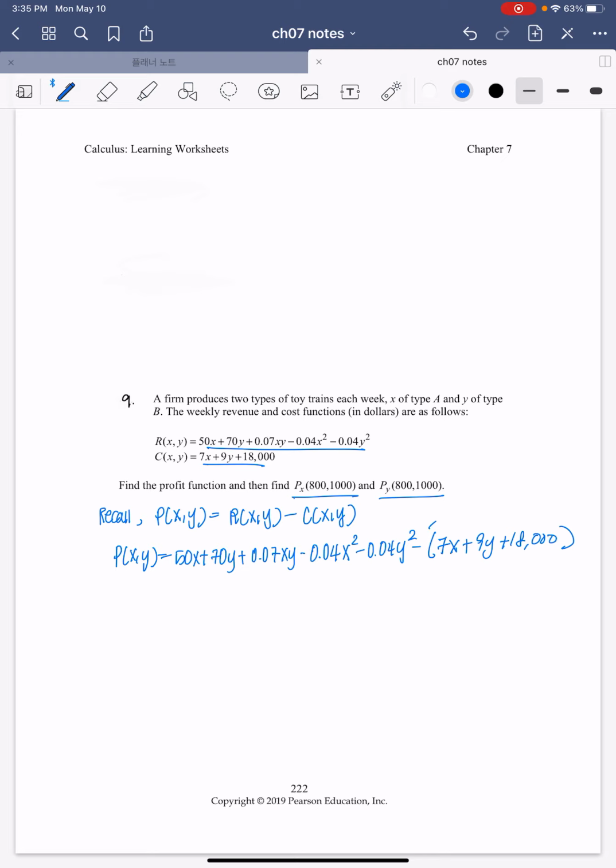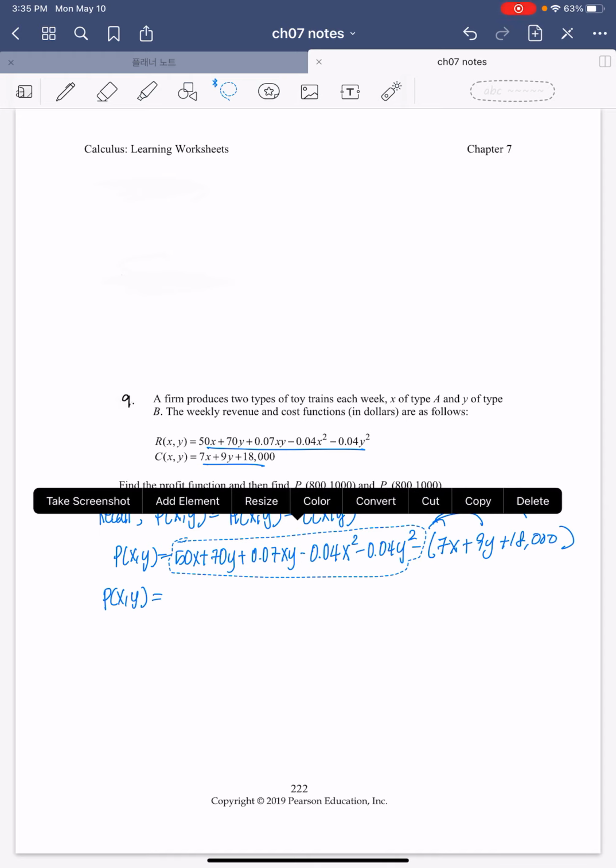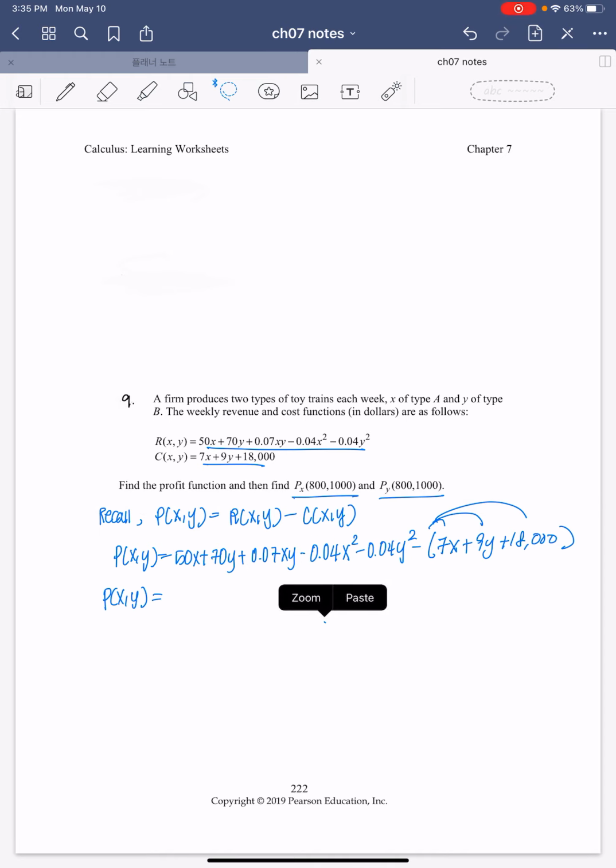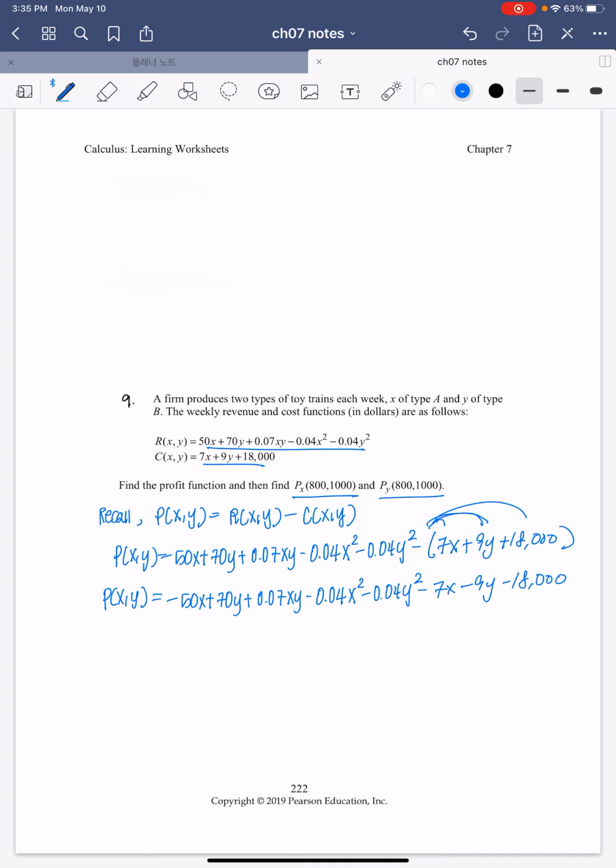Now let's distribute the negative. So P of xy is equal to the first term will stay exactly the same. So I'll copy here. And then second one, when you distribute it, the first term is negative 7x, negative 9y, negative 18,000. So let's combine terms. So we have x squared alone.